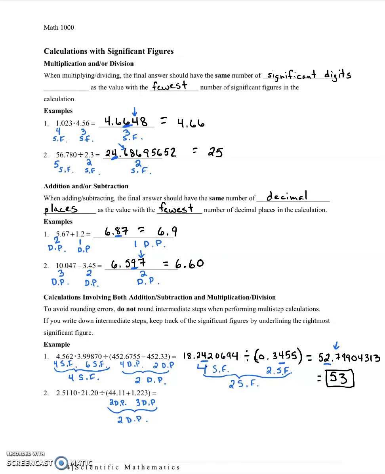Okay, if we go to do this multiplication, we have 5 significant figures times 4 significant figures, which gives us 4 significant figures.